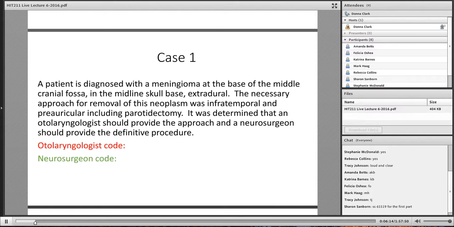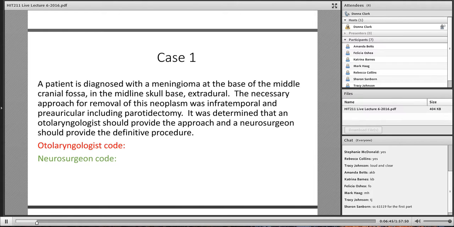They're going to have the approach, the definitive procedure, and then repair and reconstruction. Now, when you're looking at this type of procedure, you may not always have a repair being performed, but there are 3 stages.